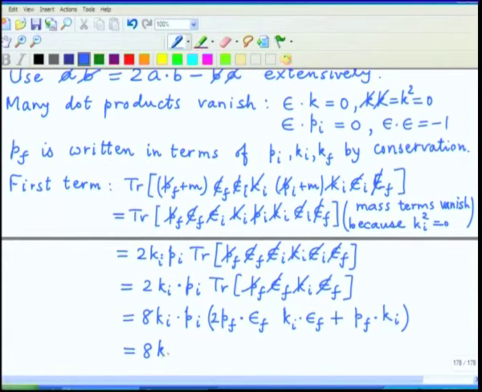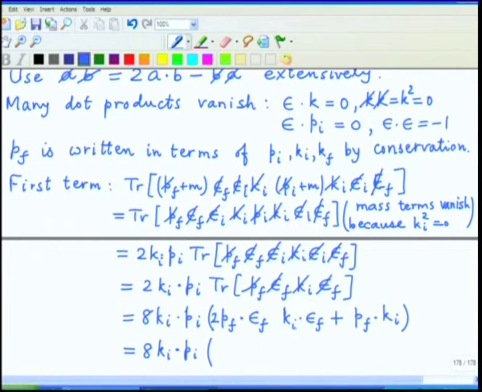So, k I dotted with P I is outside, and then when you substitute P f as m plus P I plus k I minus k f, in both these places things simplify, because epsilon f dotted with k f is already 0, can't change much about that.